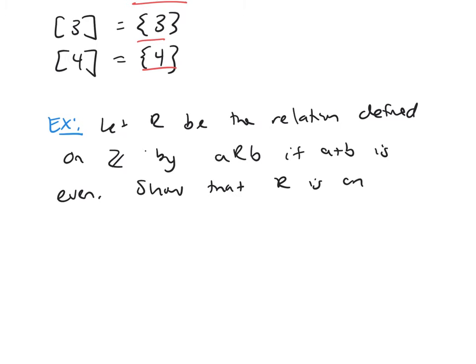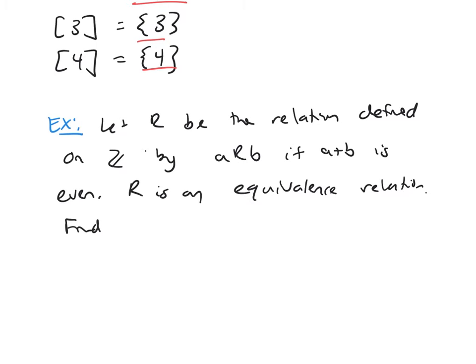I'm just going to tell you that it's an equivalence relation, but you should be able to show it. R is an equivalence relation. Find or determine the distinct equivalence classes.